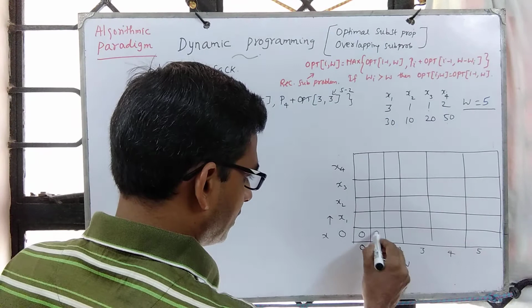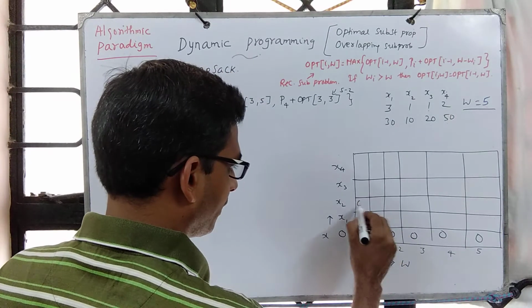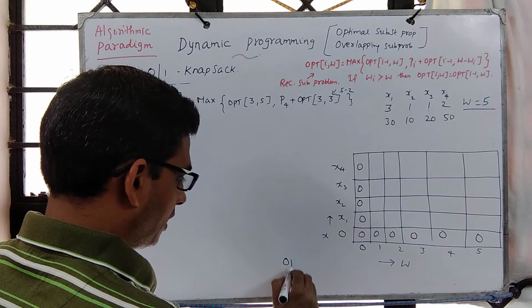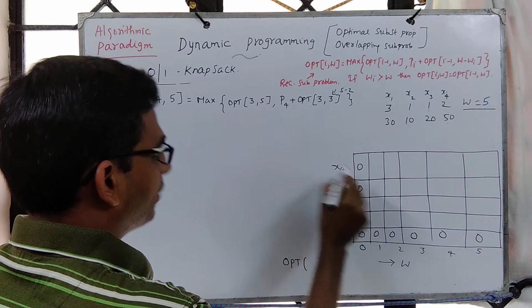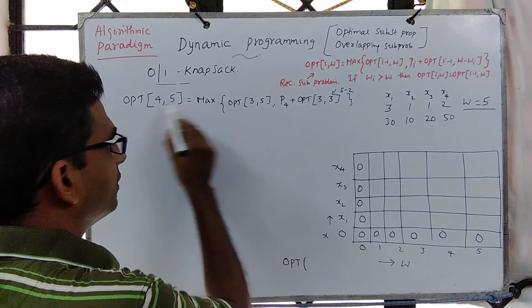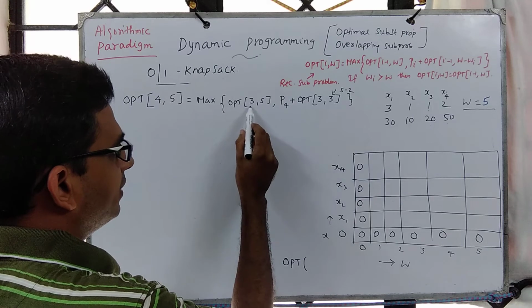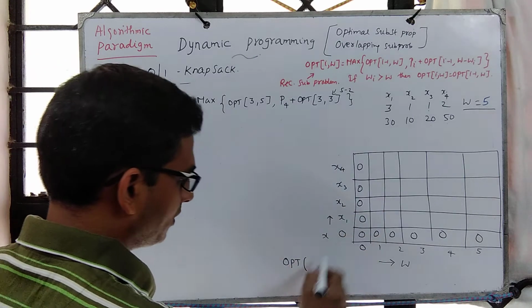Base values, we say this one is 0 and this one is 0. So these values are 0, which means opt of 0, W. When we work with 4, we will get a subproblem 3. When we work with 3, we will get a subproblem 2. Similarly, when we work with 1, we will get a subproblem 0.